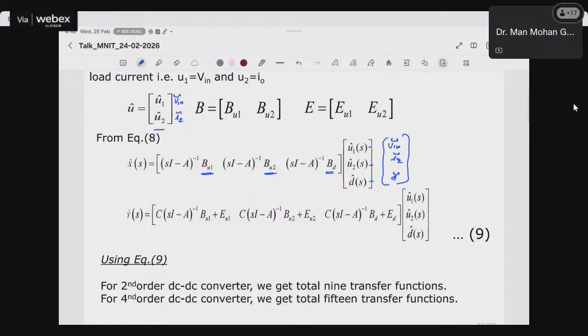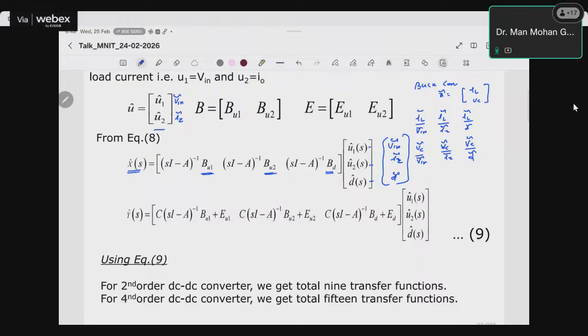Based upon these, we can obtain many transfer functions, right? Let's say I have a buck converter, which has X as IL and VC only. What are the transfer functions which I can obtain? IL with respect to V in variation, IL with respect to IZ variation, IL with respect to duty cycle variation. Next, change in capacitor voltage with respect to V in variation, with respect to variation in load current, and with respect to change in duty cycle, right?